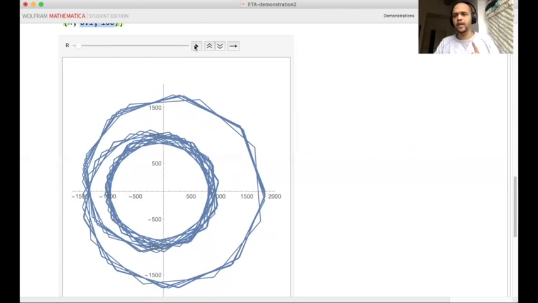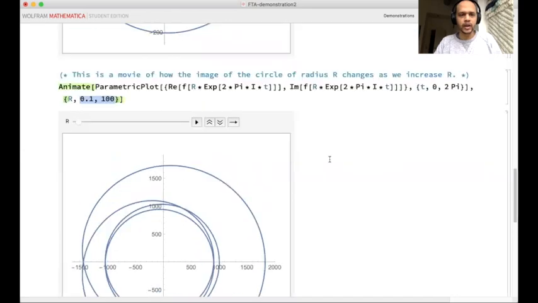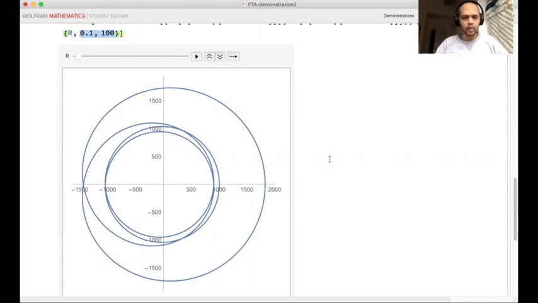This is a degree 5 polynomial that we started with, and the claim of the proof is that for large circles, the winding number should be 5. Already very quickly, we've found winding number 1, 2, 3, 4.